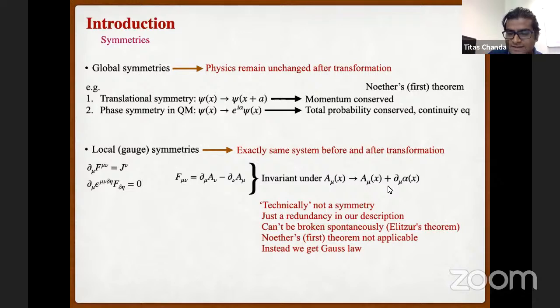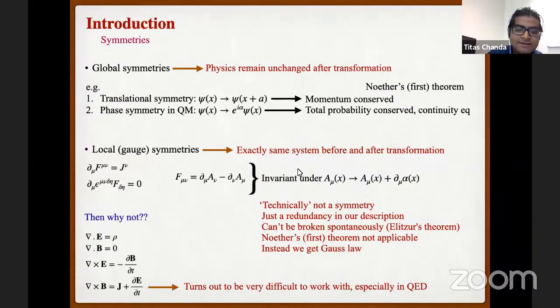Since it is just a redundancy, it cannot be broken spontaneously, and Noether's theorem will not be applicable. Instead, we will get Gauss's law. To summarize, in the case of global symmetries, the physics remains unchanged before and after transformation, whereas in the case of gauge invariance, we address exactly the same system before and after transformation. The system itself remains unchanged.